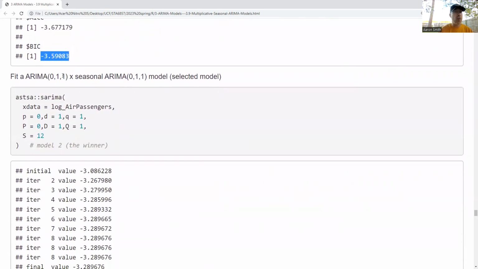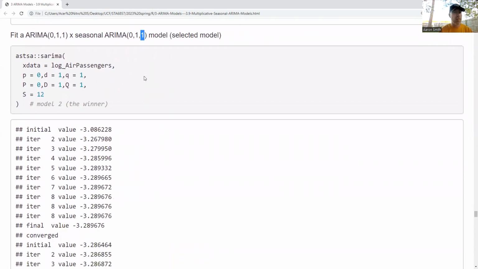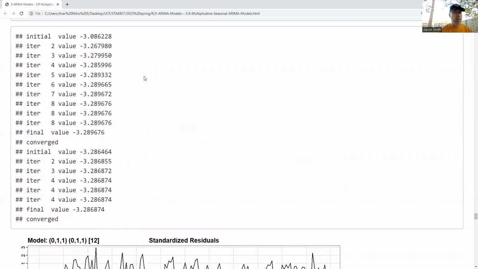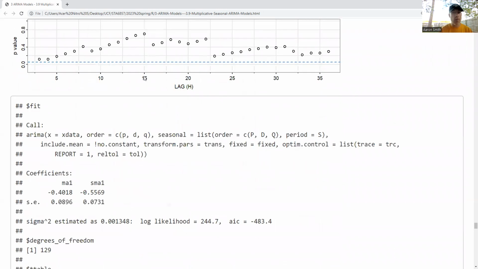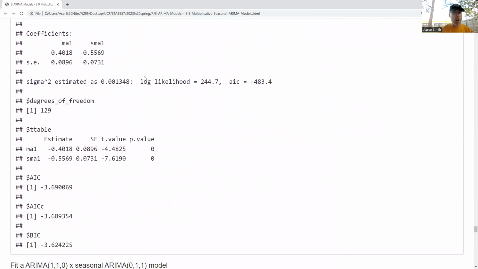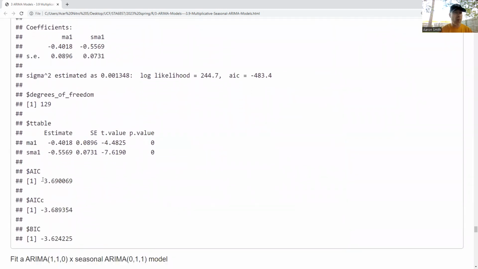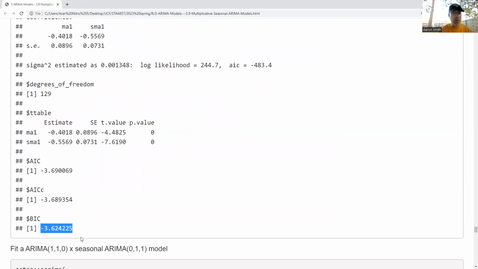Now here we're going to drop the autoregressive. We've got moving average, moving average. We've got our plots. Things look, to my eyes, relatively close to what we had before. Here is our AIC, corrected AIC, and our regular BIC.